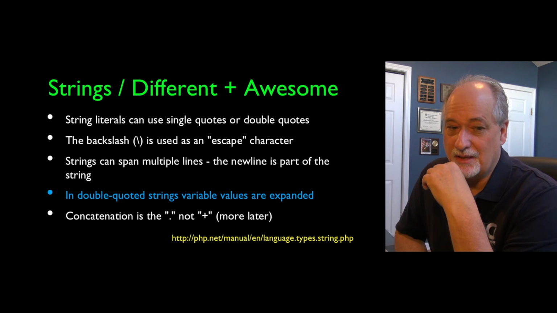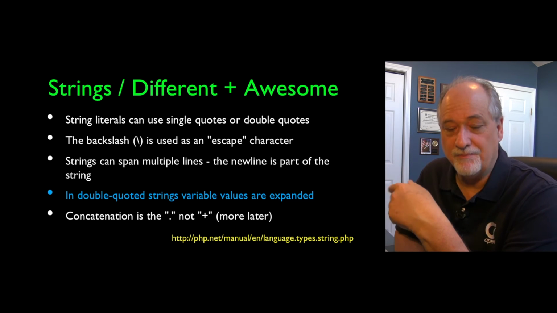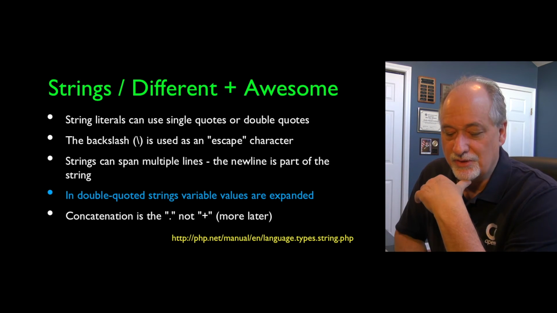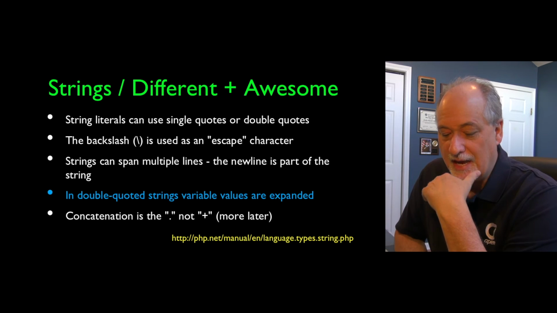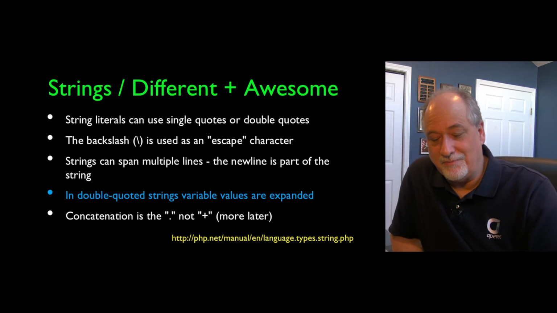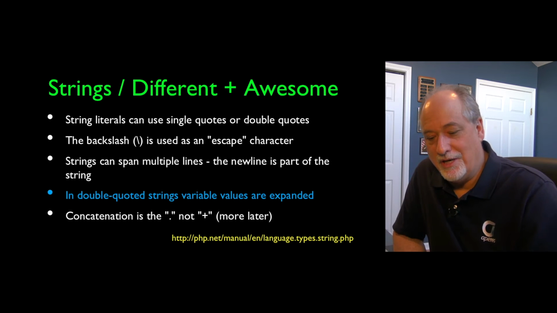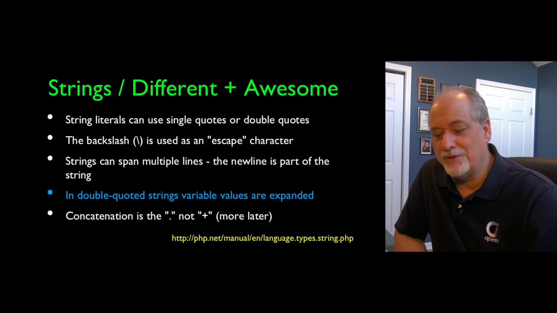In a language like Python or JavaScript, they tend to be the same, and we have reasons to use them. And concatenation, these are different, and PHP is the only language that does this. Concatenation is the dot operator, not the plus operator, as in most other languages.